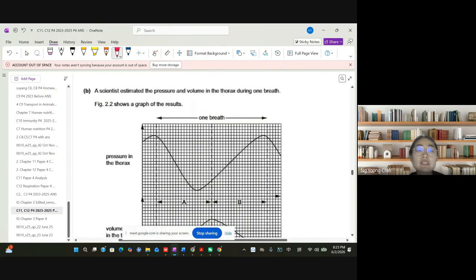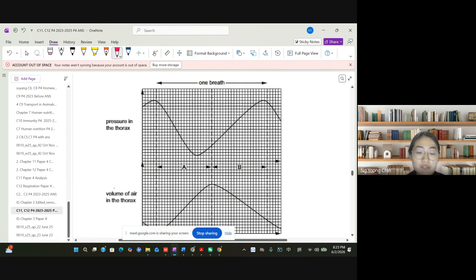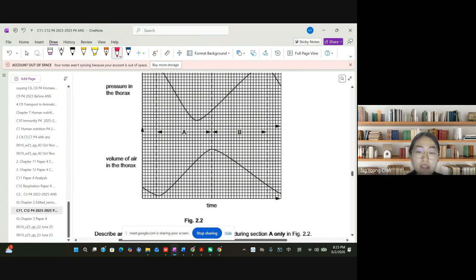Yeah, this is a bit interesting, the graph. So that's why you have two graphs. Volume of air in the thorax, pressure in the thorax. So you can see when the volume is increasing, pressure is decreasing.